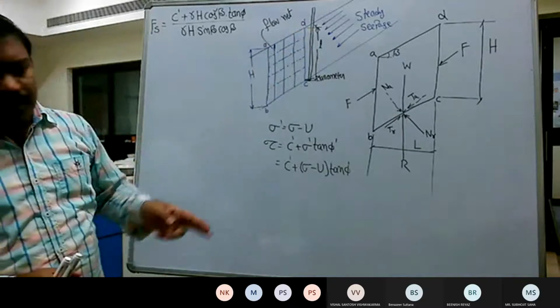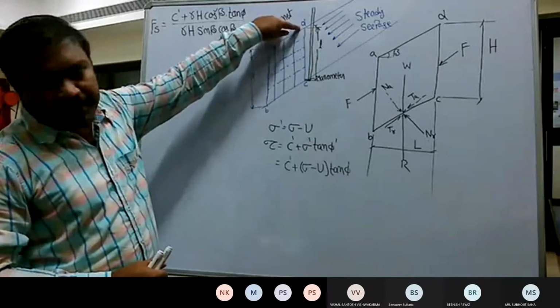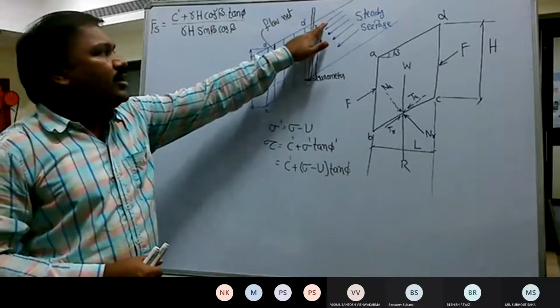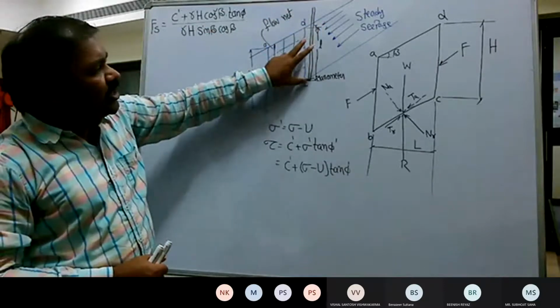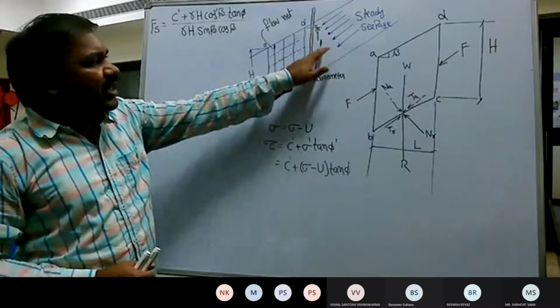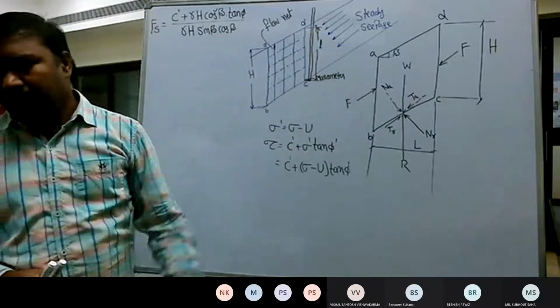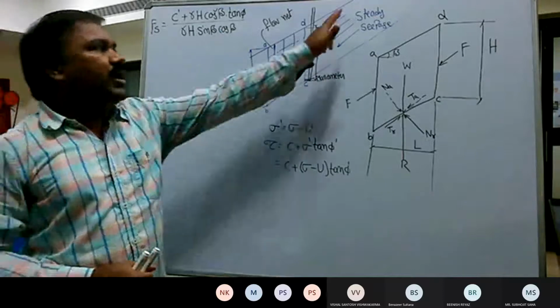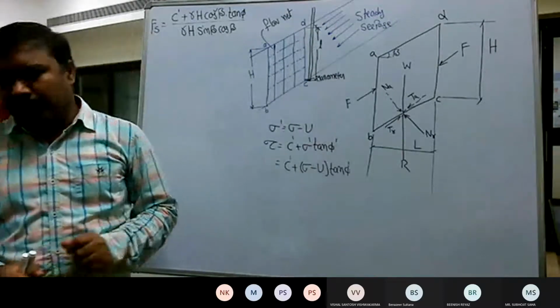So how do you find that? From the junction of A D, if you draw a horizontal line, until that level from point C the water rises. That I have designated as L. L is the rise of water level in the manometer because of the steady seepage.